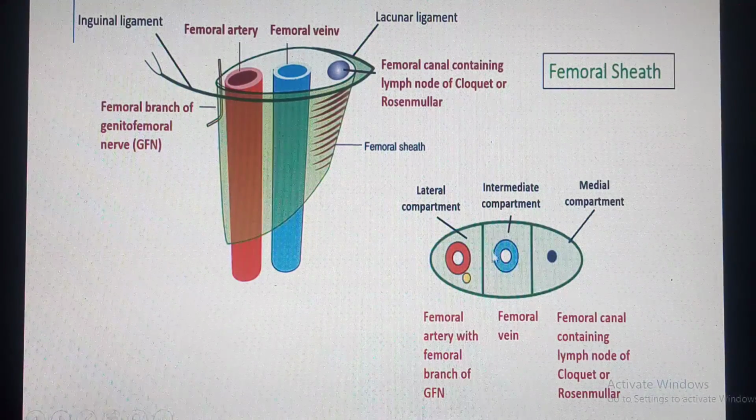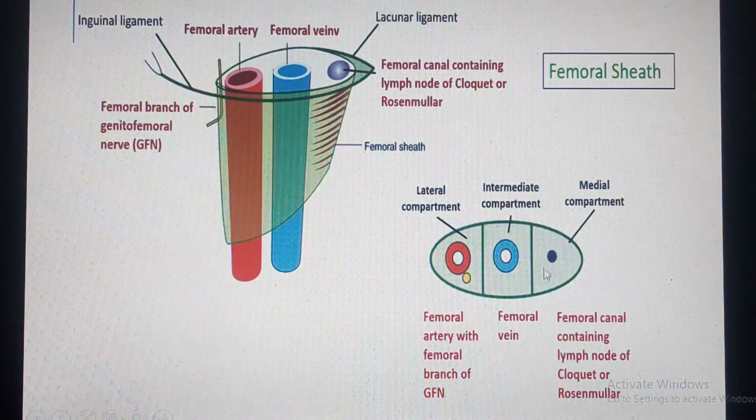Then the intermediate compartment will also be referred to as the venous compartment, because it contains the femoral vein. And then the medial compartment can also be referred to as the lymphatic compartment, because it's going to contain the deep inguinal lymph node of Cloquet, the lymph node of Rosenmüller.